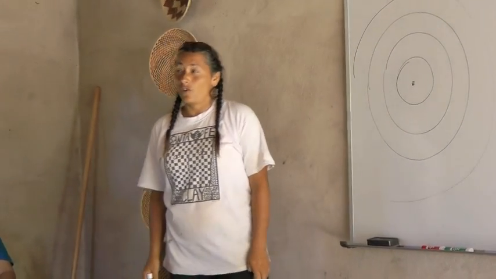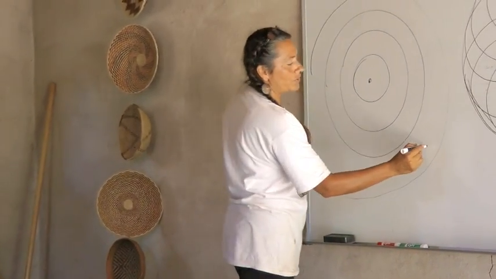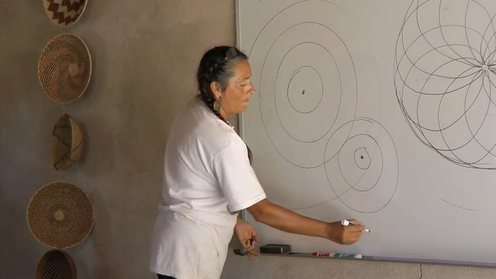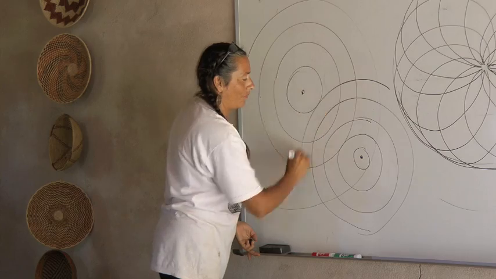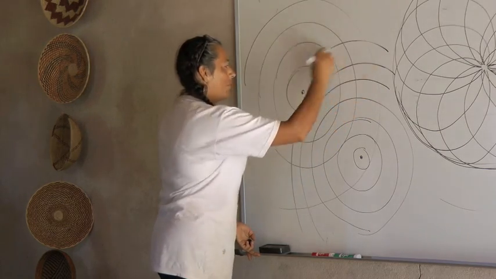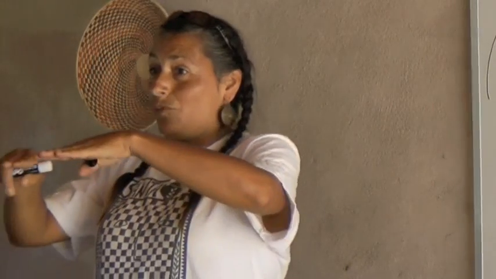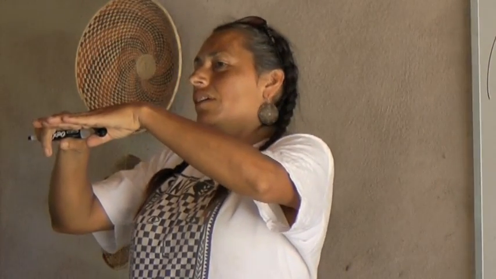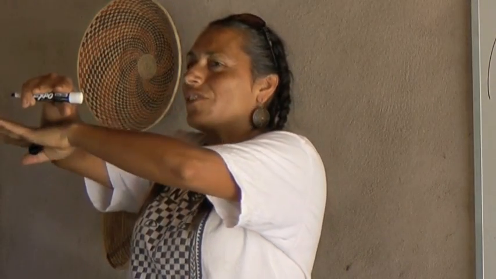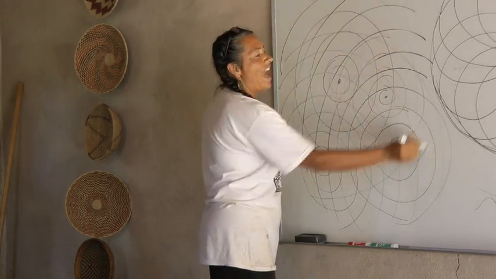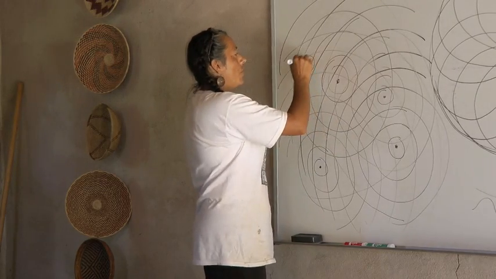Now the cool thing is, you throw in two stones, do they reach each other and stop and go, excuse me? Don't they just go right on through each other? That's proof. And we can keep adding more and more and more of these.